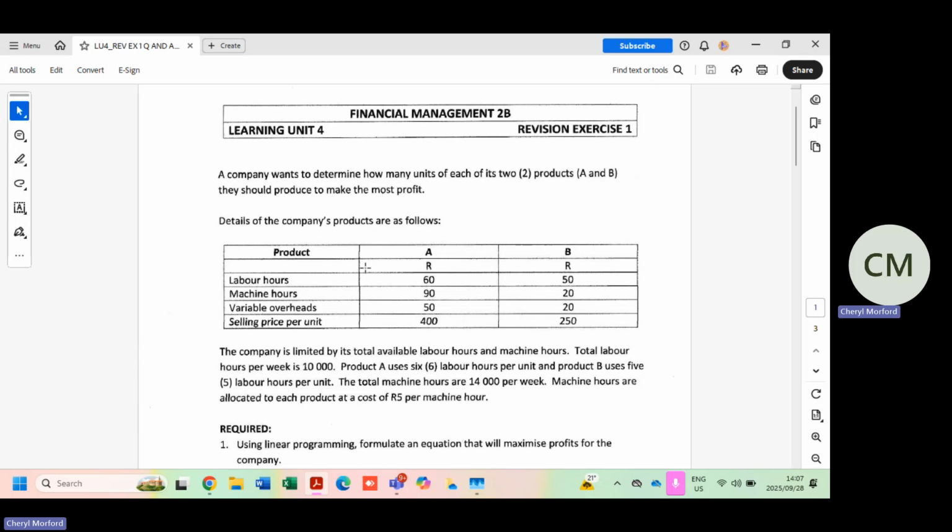Then we need to set up all of the constraints, and they must be in linear format because it's called linear programming. Then we will solve the model to find the optimal product mix. And lastly, we can then substitute those values into the objective function and determine the maximum contribution or profit for the business. So here's the information that we have.